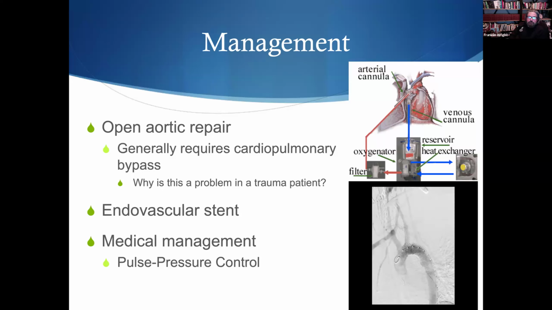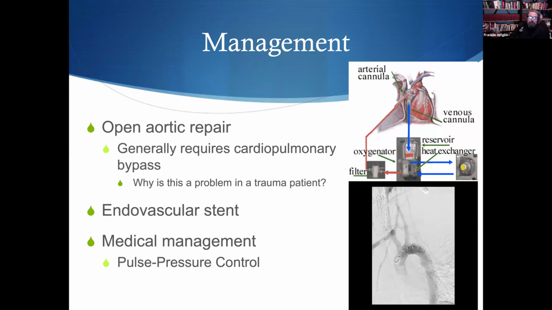So it was not a great way to repair people, because we were having to put severely injured trauma patients, often with significant intracranial bleeding, on blood thinners, which sometimes went very, very poorly. Thankfully, in the more modern era, we have ways to endovascularly stent and not require high or long-term anticoagulation.